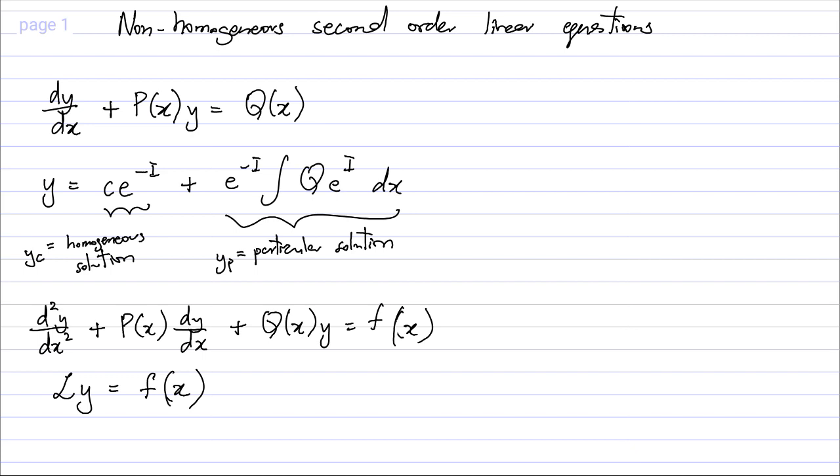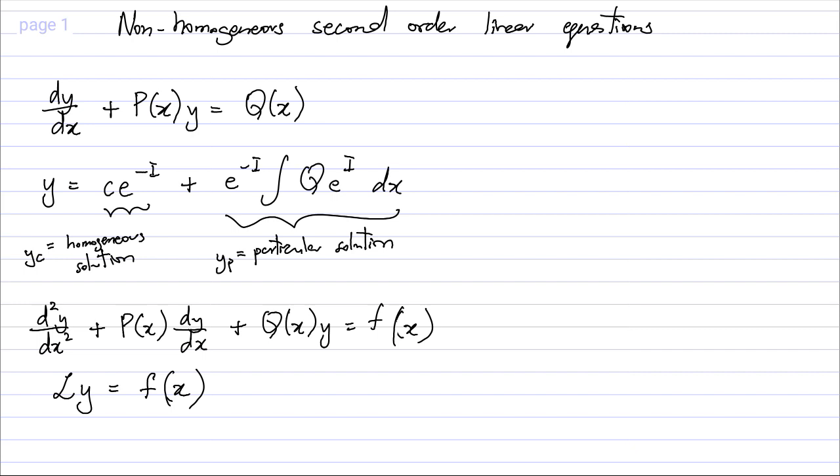The idea behind solving this non-homogeneous equation is to first solve the corresponding homogeneous equation, and then find one solution to this non-homogeneous equation. Remember, you have a whole family of solutions corresponding to the homogeneous equation. So you have two constants when you solve the homogeneous equation.